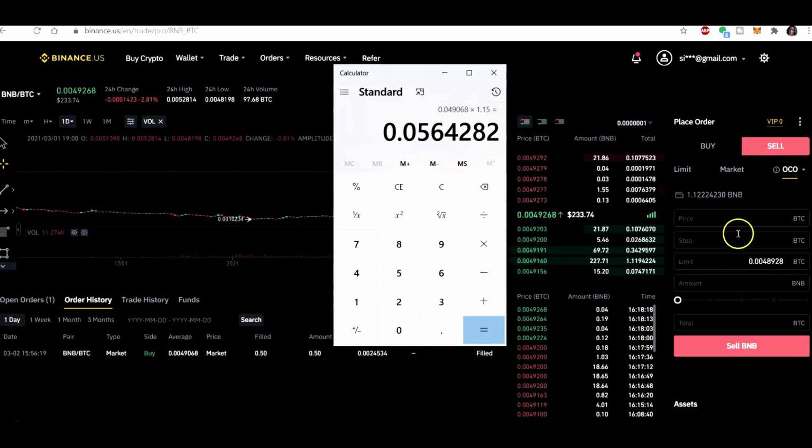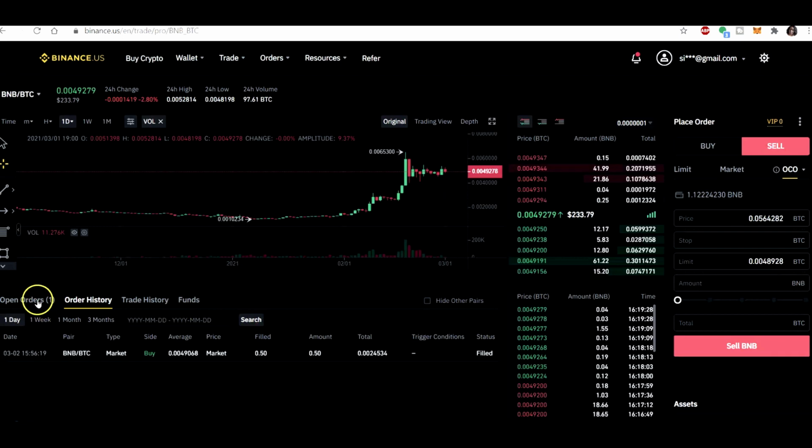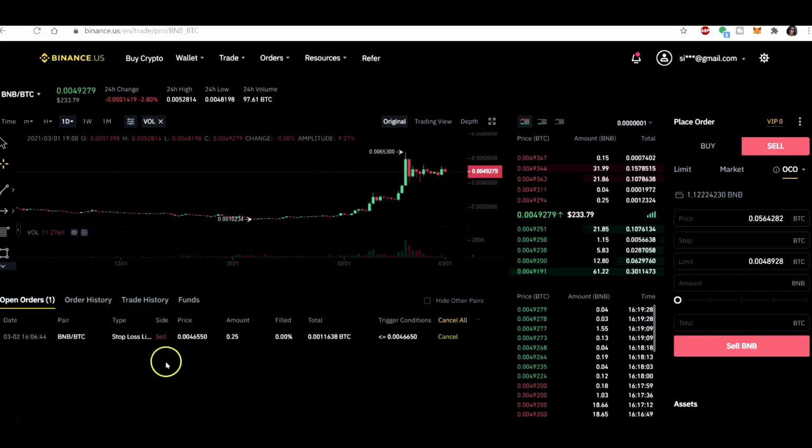I'm going to enter it in this first box. And then I'm going to enter the same figures for the stop limit order that I set, which would be my stop loss. And here it is. So the stop figure I said before is this figure here.